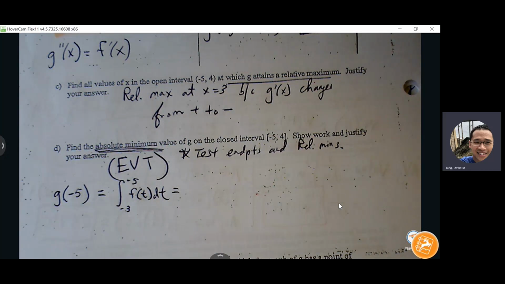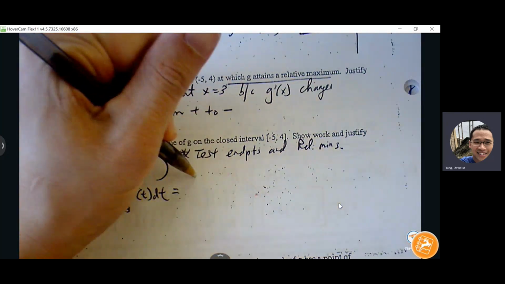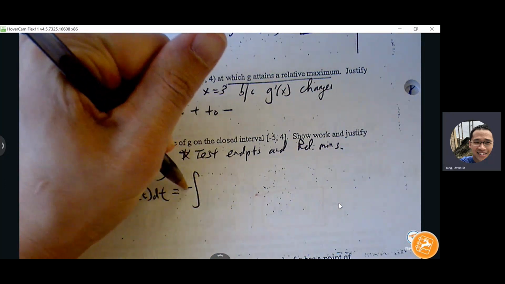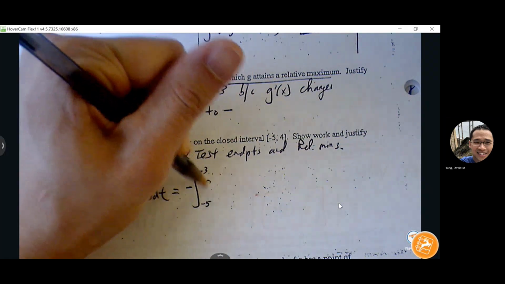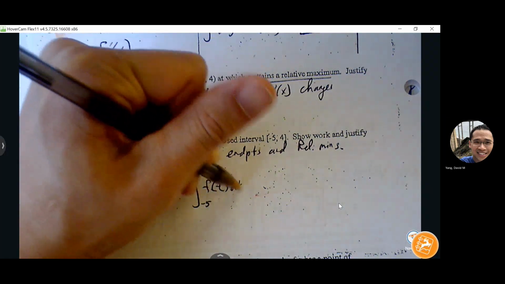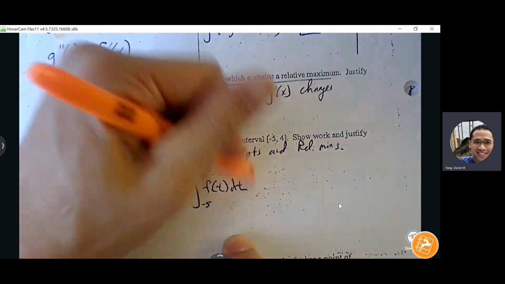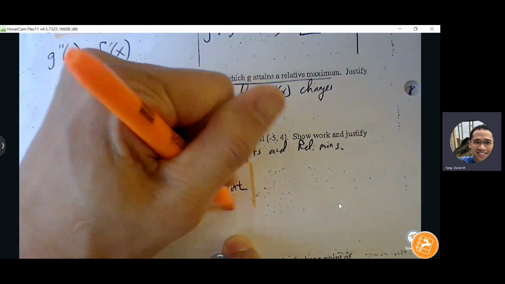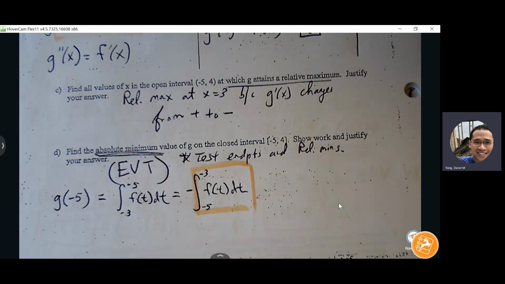Otherwise, above is negative and below is positive, and it feels weird. So what can I do to flip the bounds to adjust here? Make it negative, yeah. And that way we can just add up the regions without having to worry about keeping track of the negatives and positives or changing the signs in our heads, right? That negative is taken care of.